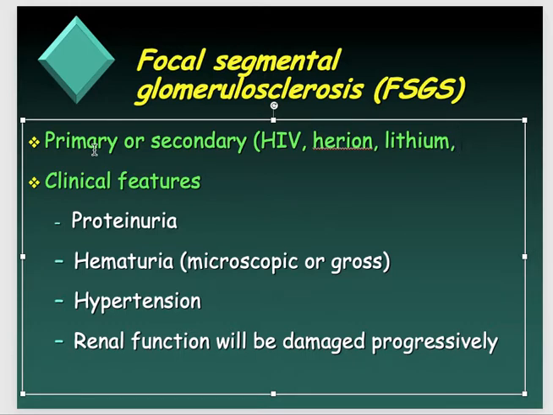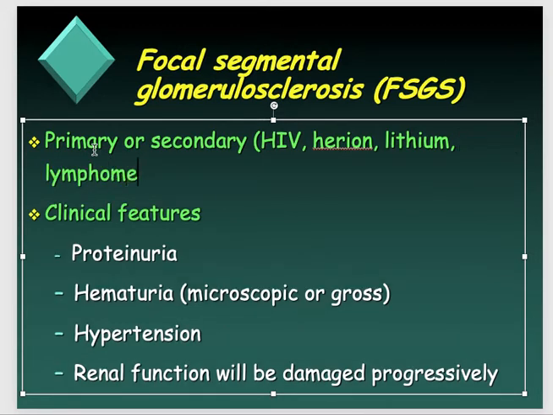Or again, it can occur in Hodgkin lymphoma. This one can also occur in lymphoma. And because there is sclerosis, the kidney sizes are basically smaller. So when we do ultrasound, we find the kidneys are smaller in these patients.